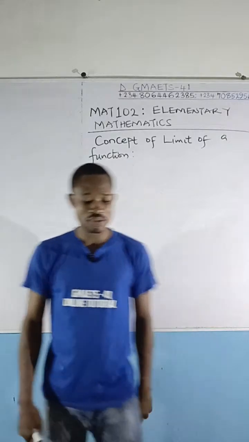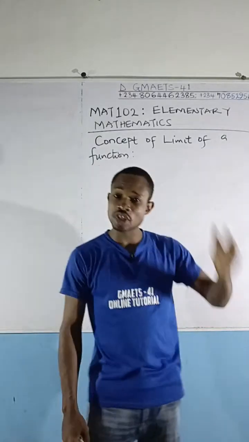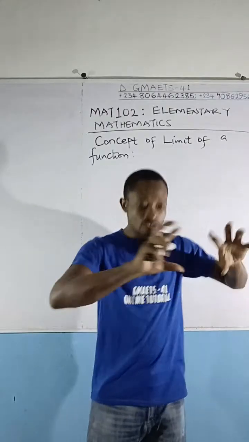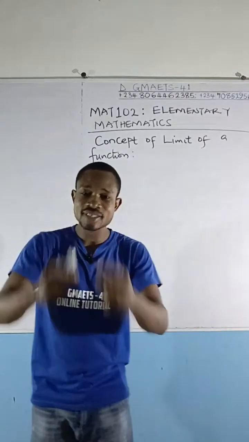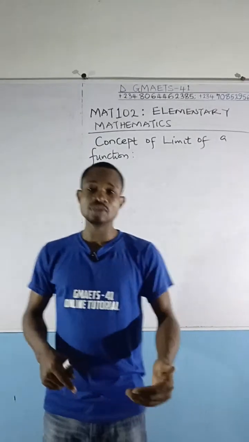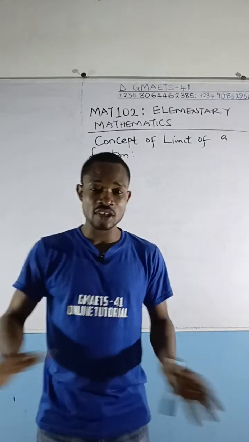Does that make sense? I repeat that again. The limit of a function is the value to which that function approaches as the independent variable in that function approaches a certain value.